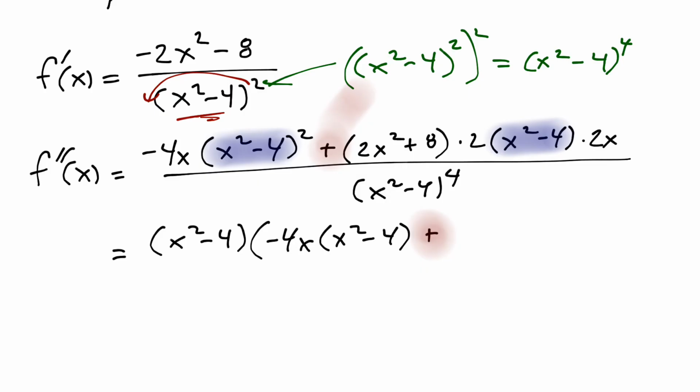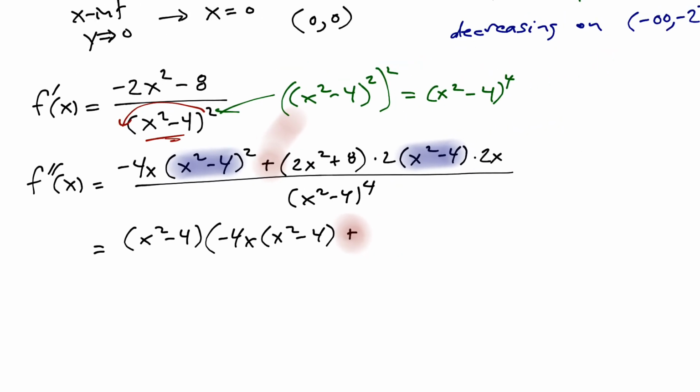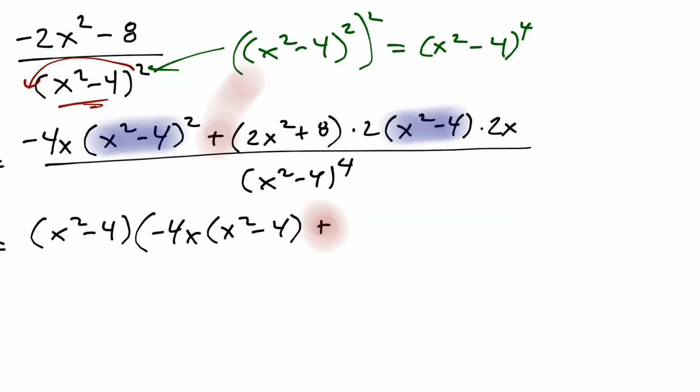And the second group, we took away the entire x squared plus 4, so the second group has a 2x squared plus 8 times 4x. The 2 here times the 2x there.